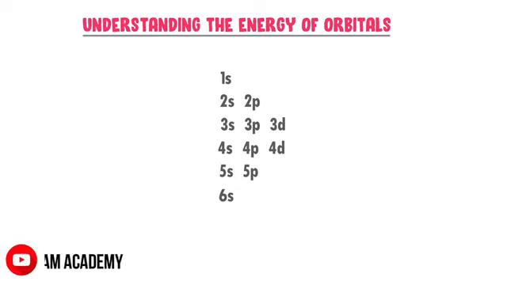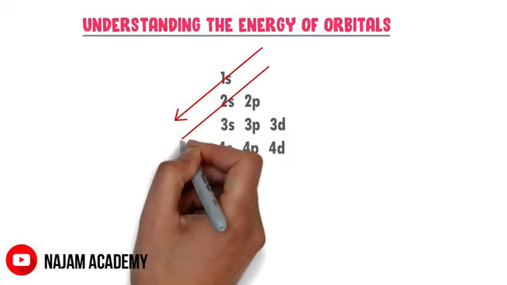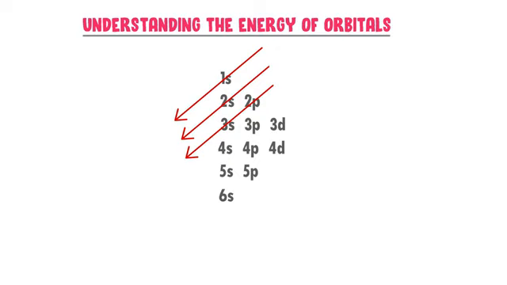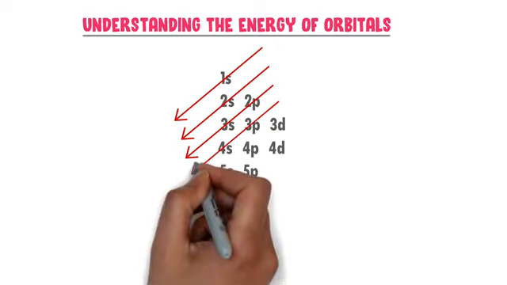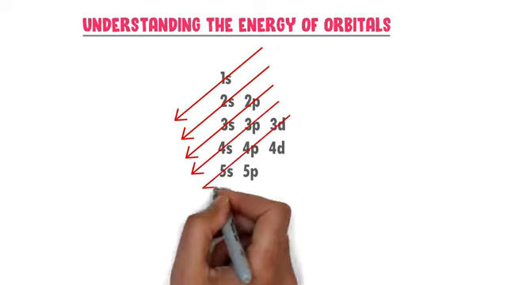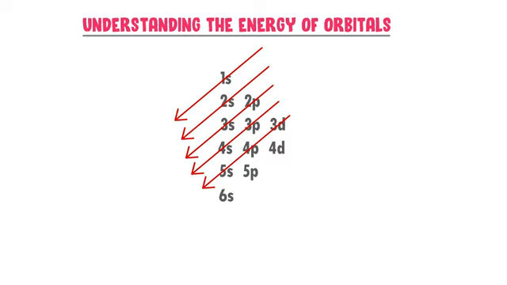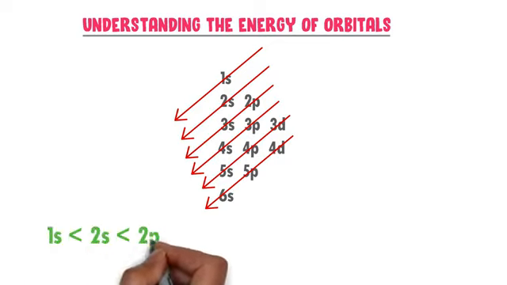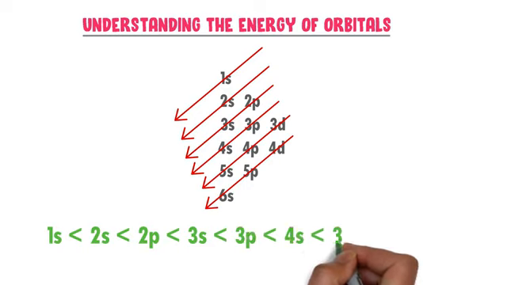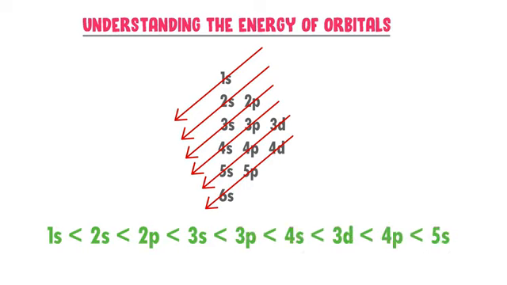Now electron will go into the 1s, then to 2s, then to 2p and 3s, then to 3p and 4s, then to 3d, 4p and 5s, then to 4d, 5p and 6s. So the order of increasing energy of orbitals is 1s, 2s, 2p, 3s, 3p, 4s, 3d, 4p, 5s and so on. Thus by this way we can also find the energy of orbitals.